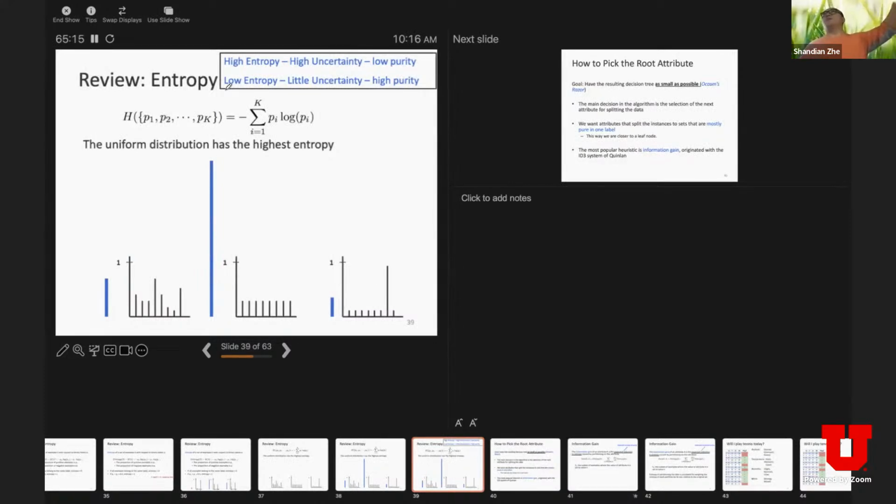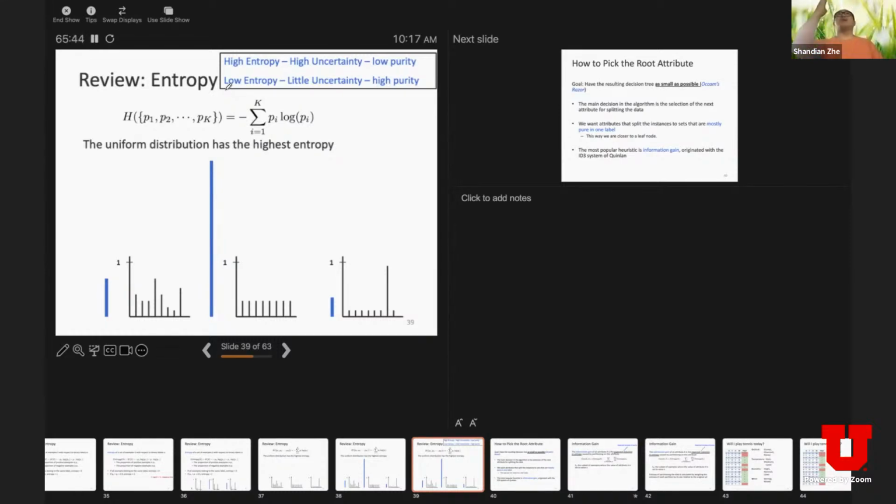The improvement of purity can be represented by the decrease of the entropy. So now I have found a way to measure how purity changes after we use an attribute to split the data set. Does it make sense?